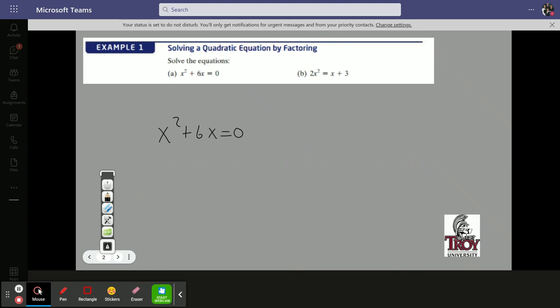This time I'm starting with just a binomial, right? So I'm not going to factor it down into 2. But what do I have? I've got an X in this one and an X in this one. So when I have the same thing show up in more than one term, I call it a what?